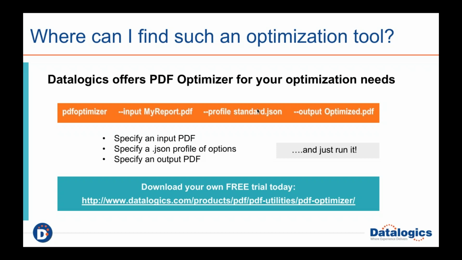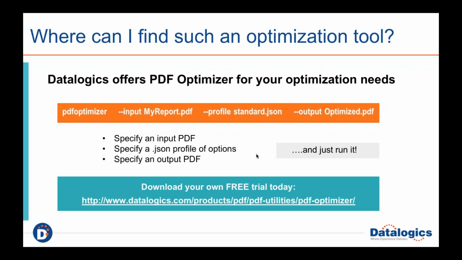We ship 2 standard profiles with the optimizer tool, and they're in the JSON format. So we're going to specify the standard one here. And lastly, we're going to specify our output file. We'll simply call it optimize.pdf. So you've got an input, you've got a JSON profile of options, and you've got an output.